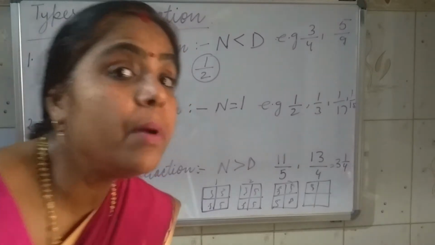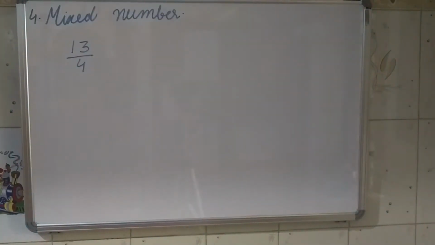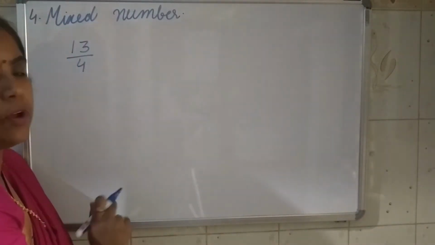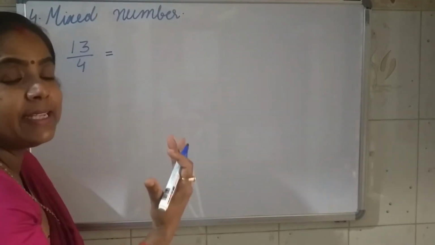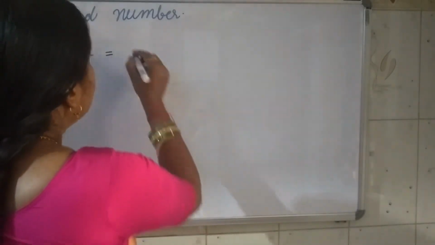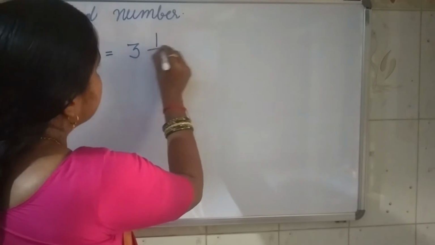What is a mixed number? I was explaining to you with the example of improper fraction 13 upon 4. And we have seen that this 13 upon 4 does not exist, because from 4 parts, 13 parts are not possible to take out. So we have taken 3 whole parts and then 1 fractional part.